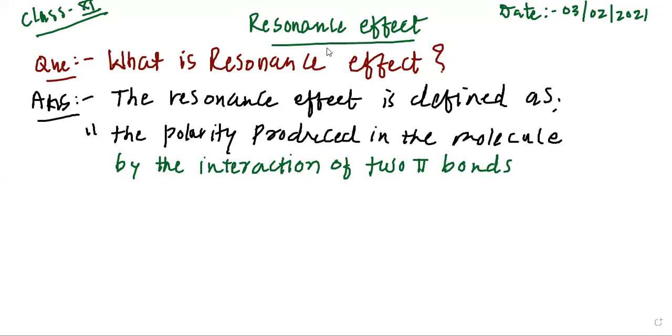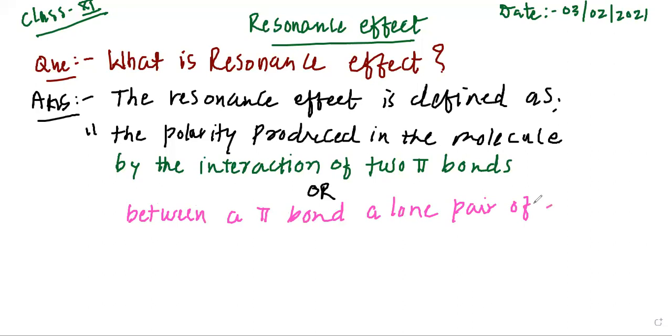Please remember, my dear students, that this interaction which causes the polarity may be between two pi bonds, or between a pi bond and a lone pair of electrons present on an adjacent atom.